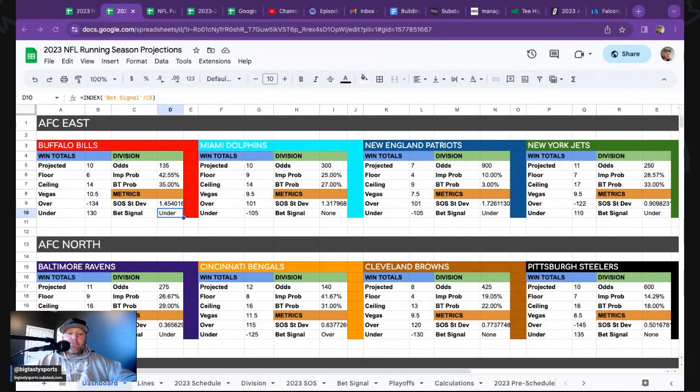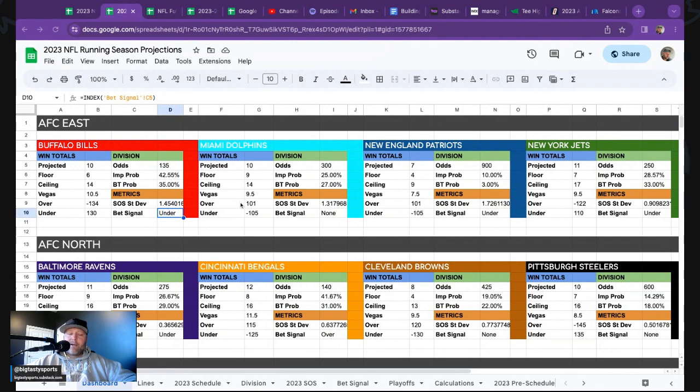So this is the dashboard, and I am going to use just this first team here. If you're listening to this on the podcast, you may want to go to Big Tasty Sports on YouTube and watch the video, as it'll be easier to see. But even if you're listening, I think you can get a little bit of an idea of what's on here. I'm going to be talking about the Buffalo Bills as an example, just to walk through the different pieces.